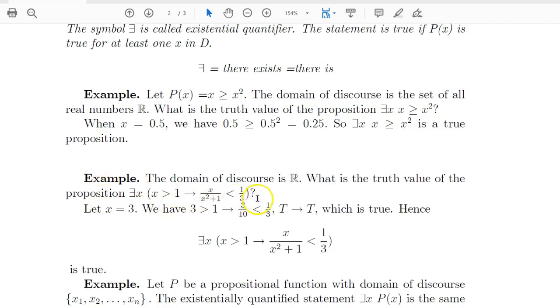The next example has the propositional function with domain of discourse R. What is the truth value of the proposition: there is an x such that if x is greater than 1, then x over x squared plus 1 is less than 1/3? If we select x to be 3, then 3 is greater than 1, so this is true.